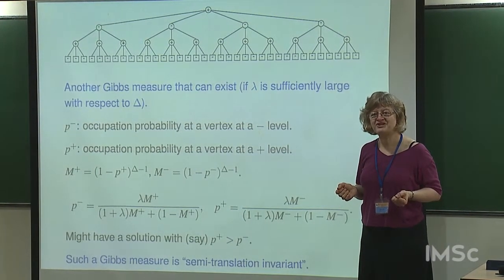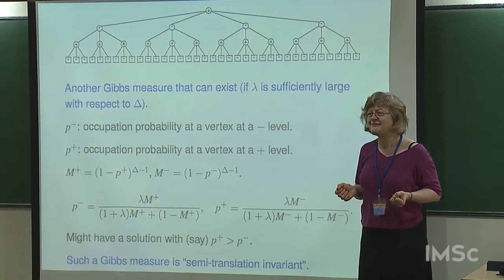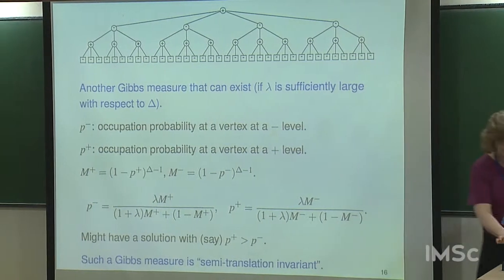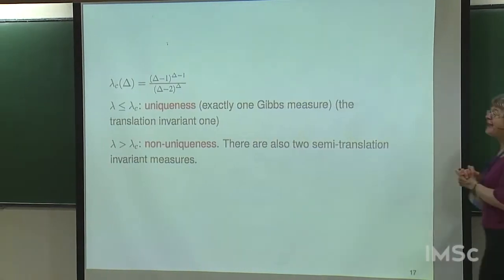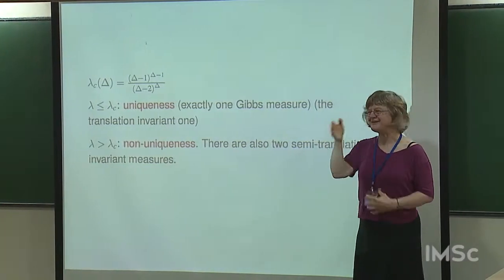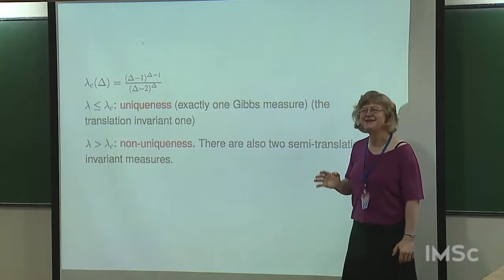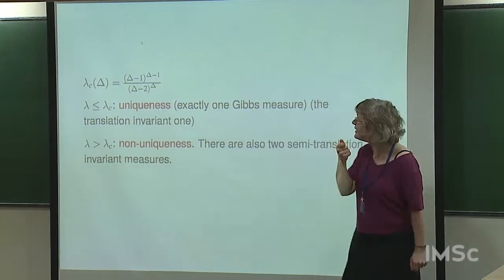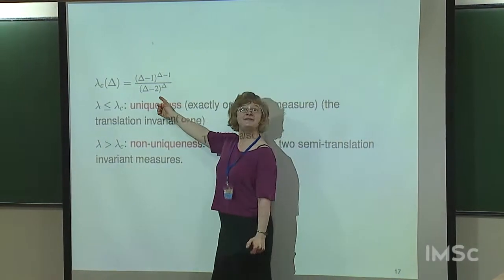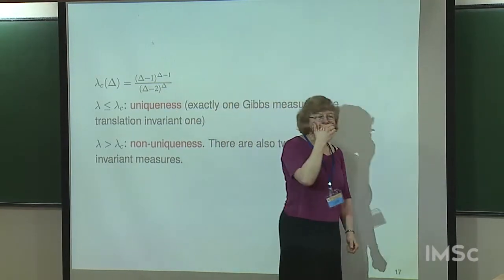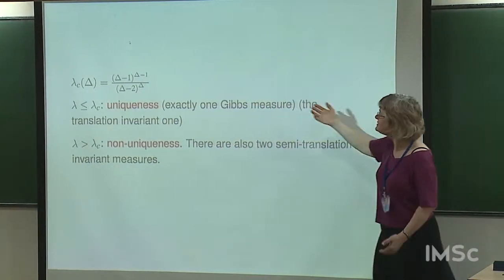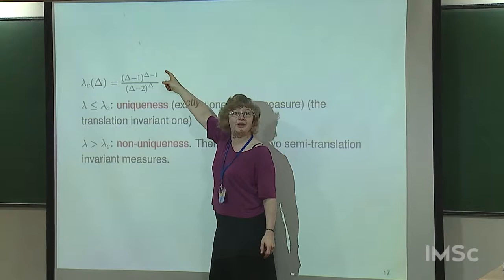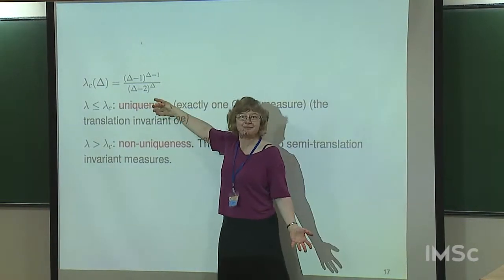Any questions? Cool. Okay, so now I'm finally answering the question about where lambda lives. The truth is that there's a critical value of lambda which depends on delta, and this happens to be the critical value: lambda c is (delta minus 1) to the delta minus 1 divided by (delta minus 2) to the delta.